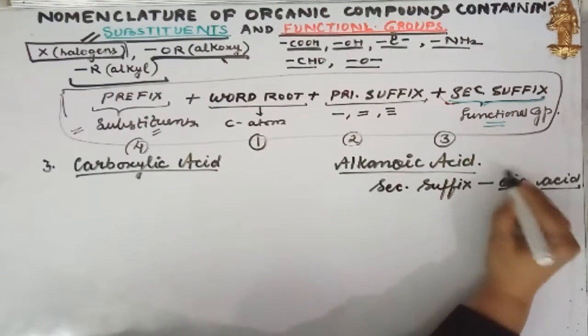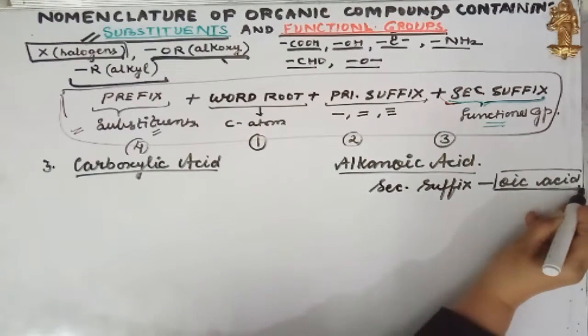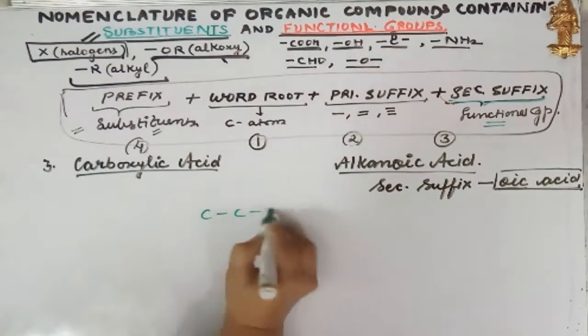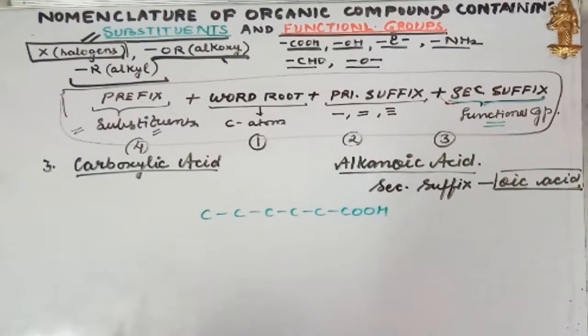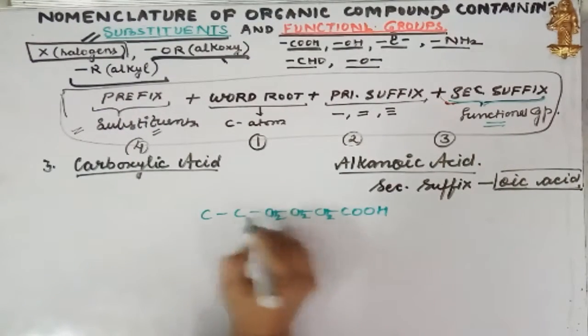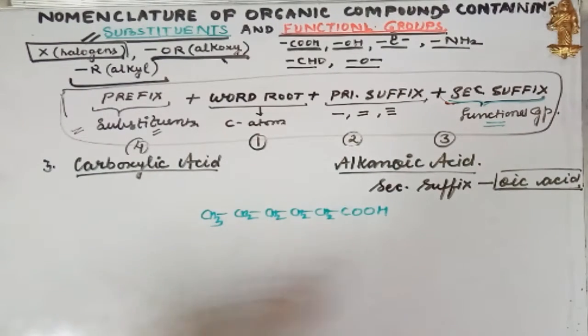So we have to end the name by using the term "oic acid". Let us take one example of this compound. I am writing down one example. This is the compound. Satisfy the valency. Hope it is done. Name the compound.